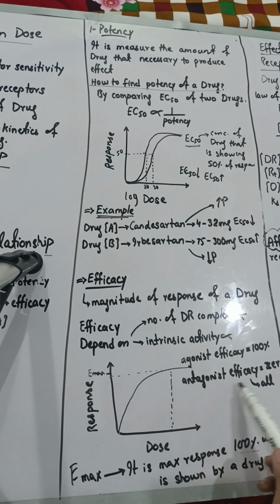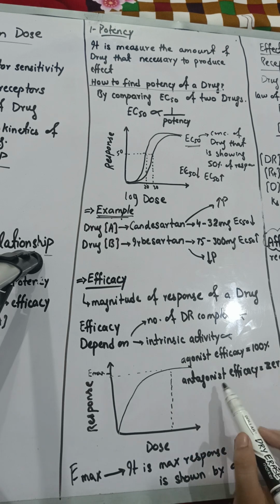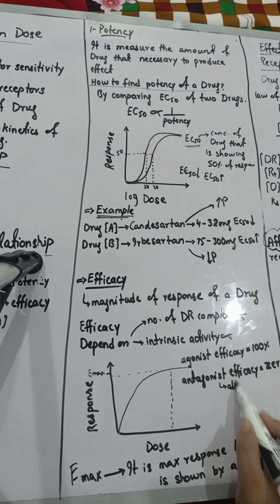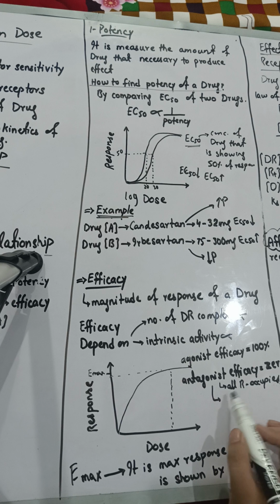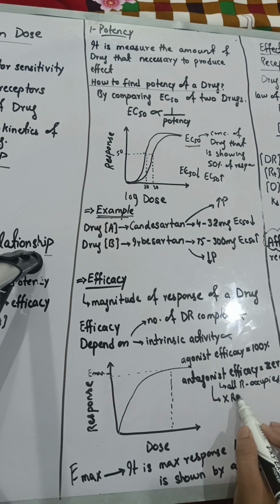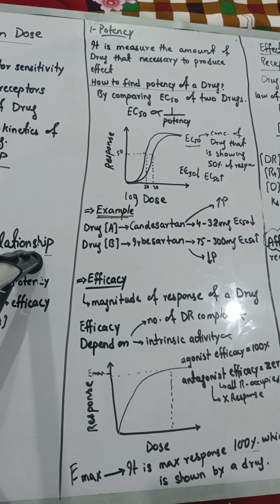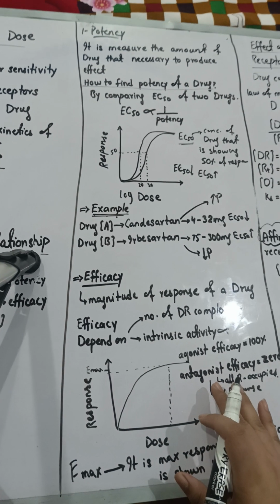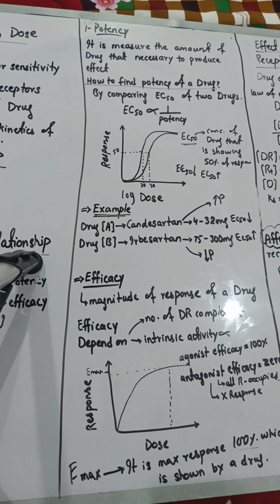In the case of the antagonist, it is also occupying all the receptors, the same as the agonist, but the difference is that it has no response. The response is zero, and because efficacy is all about the response, the efficacy is zero. Therefore, the efficacy of your antagonist is zero. So this was all about the efficacy.